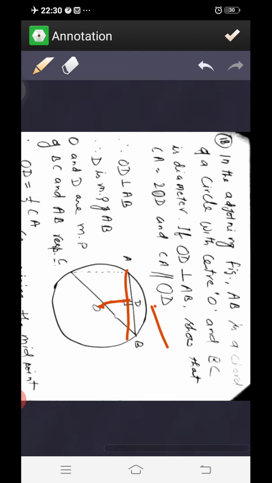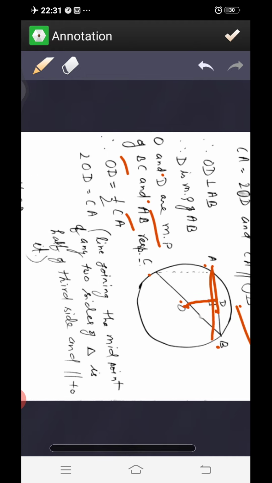So we can see that D is the midpoint of AB. So O and D are midpoints of BC and AB. O is the midpoint of BC and D is the midpoint of AB.